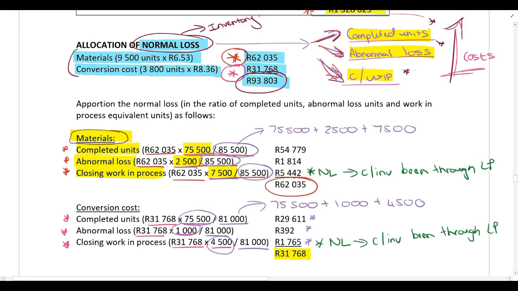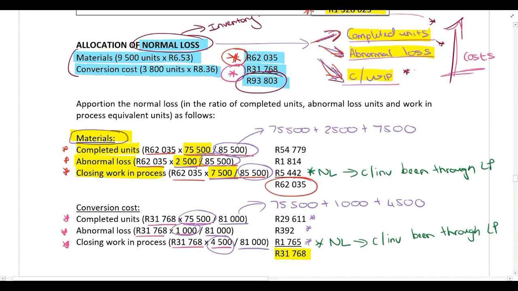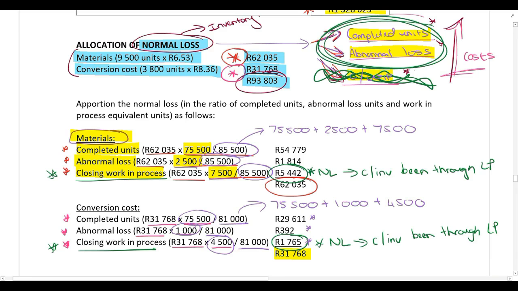So because closing work in process goes through the loss point in the current period, they must be allocated some of the loss. However, if closing work in process has not been through the loss point in the current period, then we don't allocate any of the loss to closing work in process. Then, guys, we ignore closing work in process and we only apportion the loss between completed units and the abnormal loss.